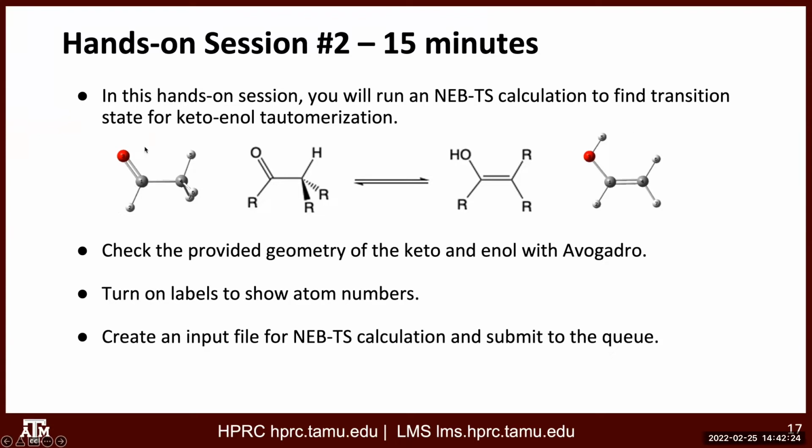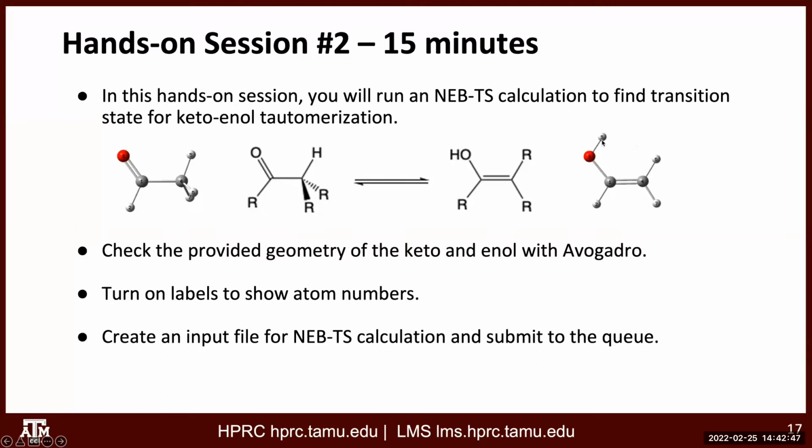The reason that you don't start by drawing a new structure is that you want to keep the atom numbers the same. You may not see this very clearly, but here the atom number for this carbon is 1. It should also be 1 here in the product.